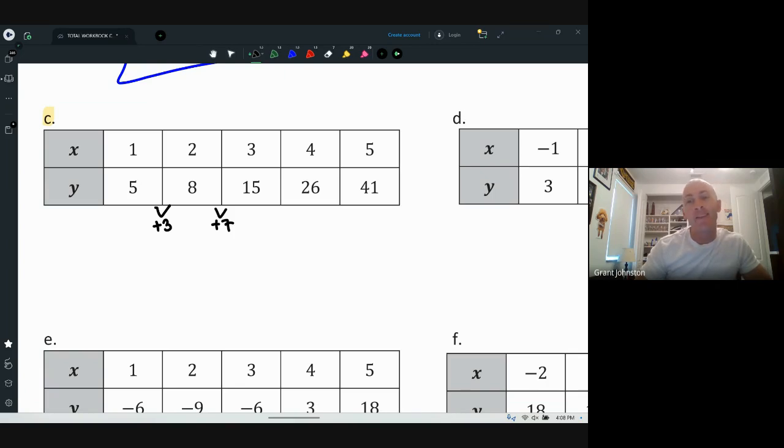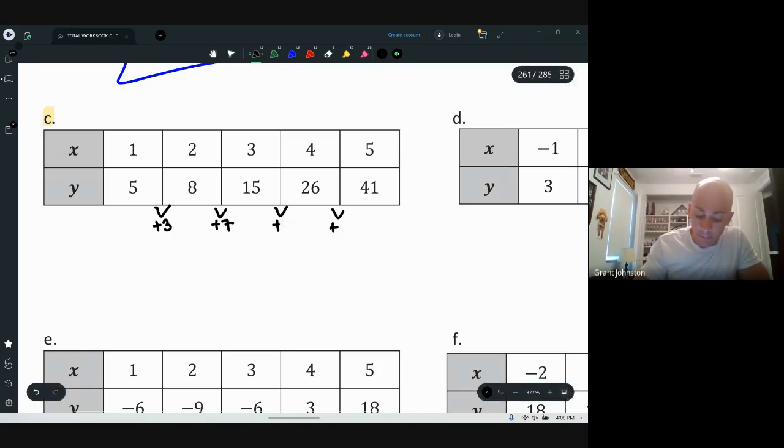But this is quadratic, and let me show you how we can tell. If you look at the notes above, for it to be quadratic, its second difference needs to be the same. So let me show you what I mean. This 15 and 26, that's plus 11, sorry, and that's plus 15.